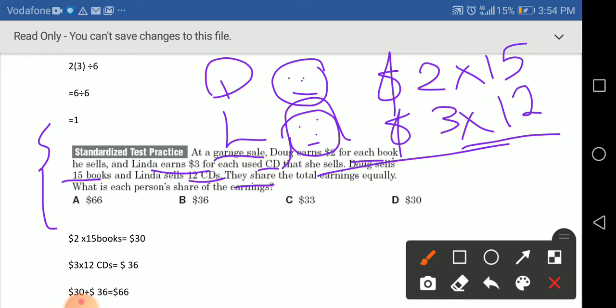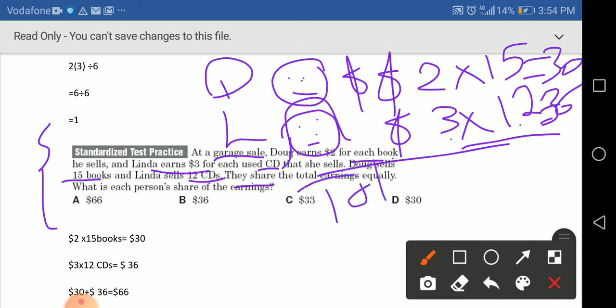So I have here 2 times 15 equals 30. Okay, $30 for Doge. And 3 times 12 for whom? For Linda. 3 times 12 is 36. So the total they both earn together is 30 plus 36, which is $66.